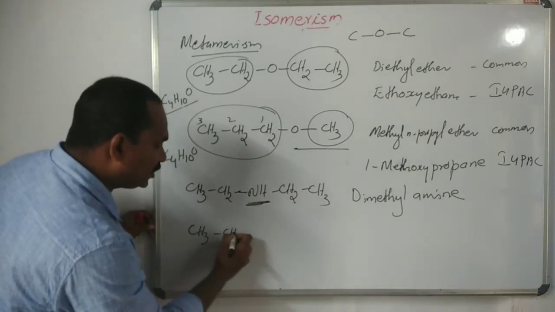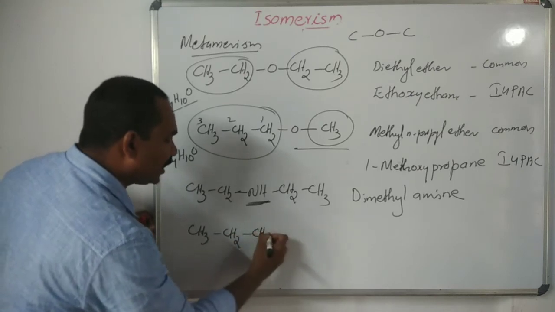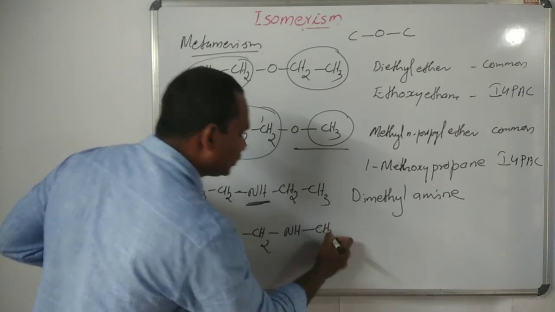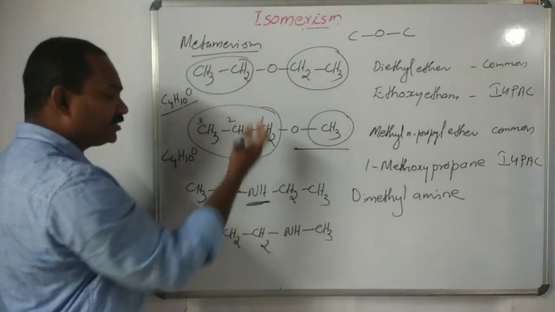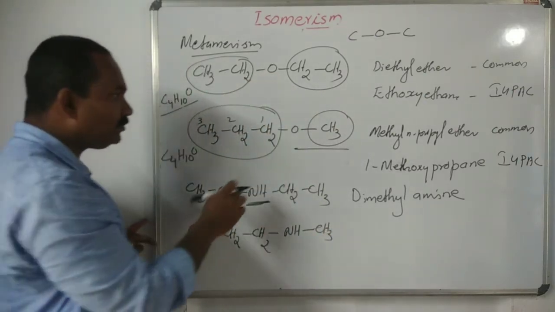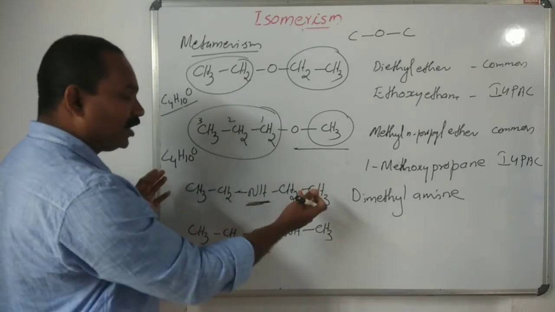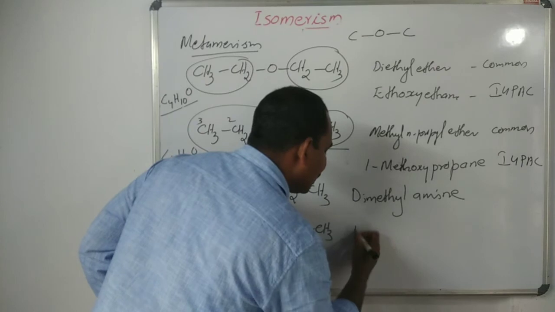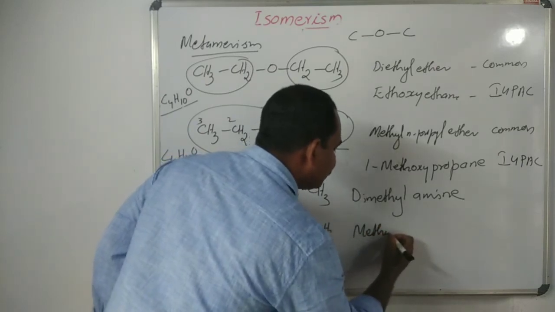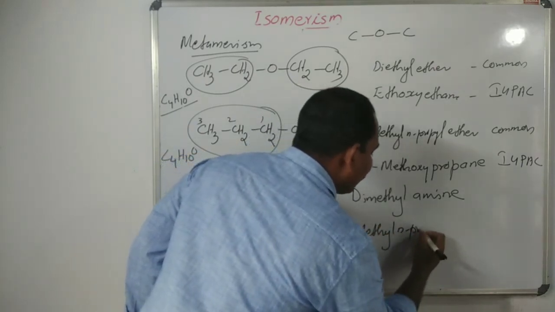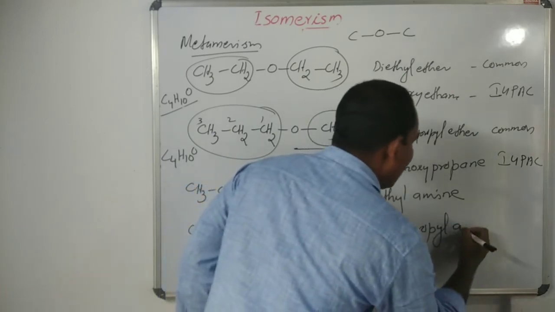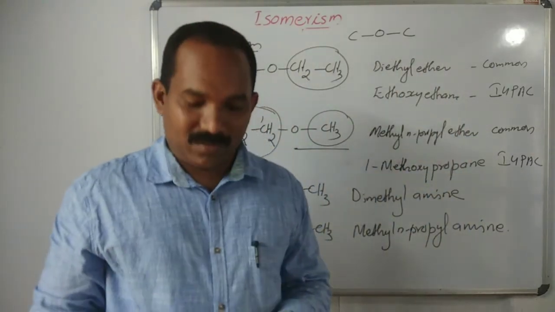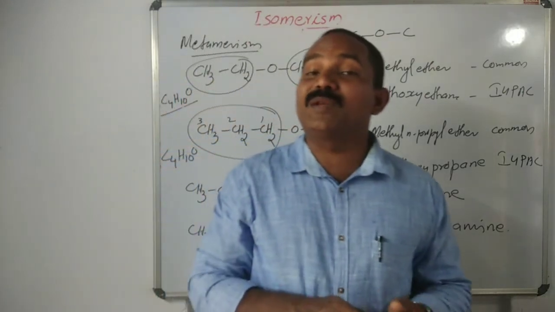CH3, CH2, CH2, NH, CH3. A similar situation happens in this example: one side is a methyl group and another side is a propyl group. So it is methyl n-propyl amine. A very simple concept.